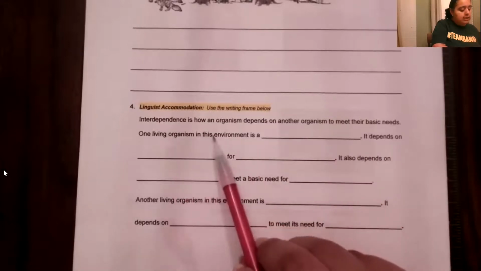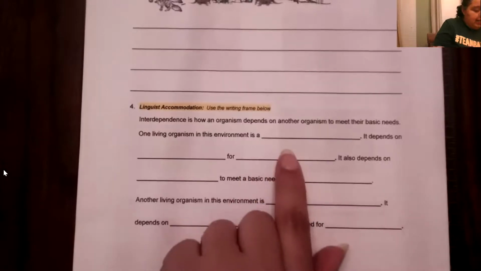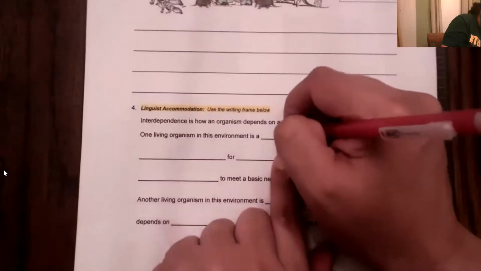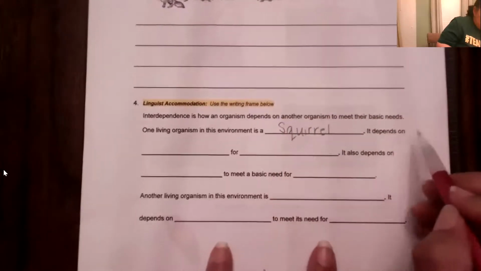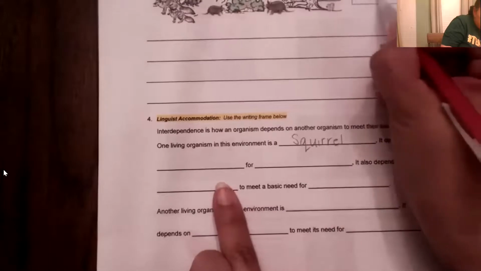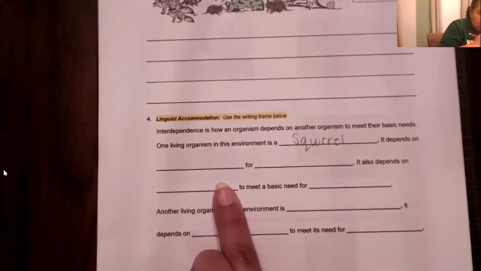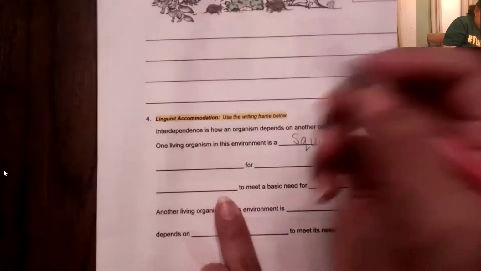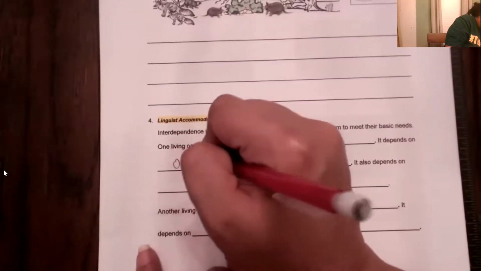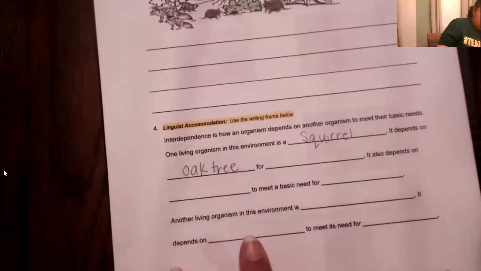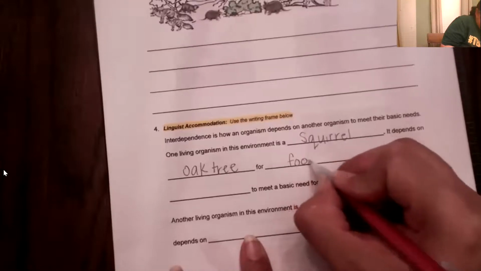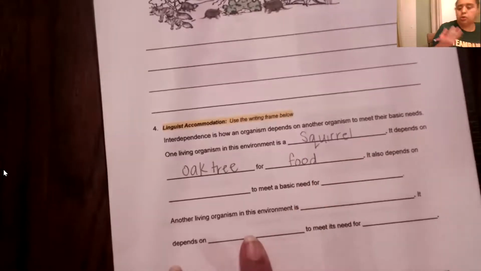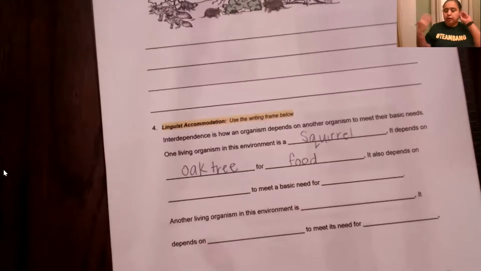One living organism in this environment is, I'm going to choose this one, the squirrel. It depends on the oak tree for food, because remember, squirrels eat acorns, and acorns are found on oak trees.